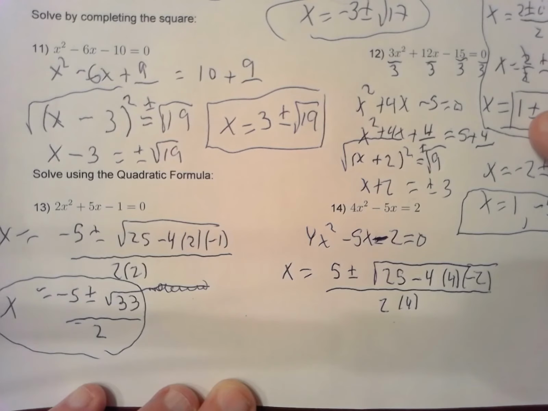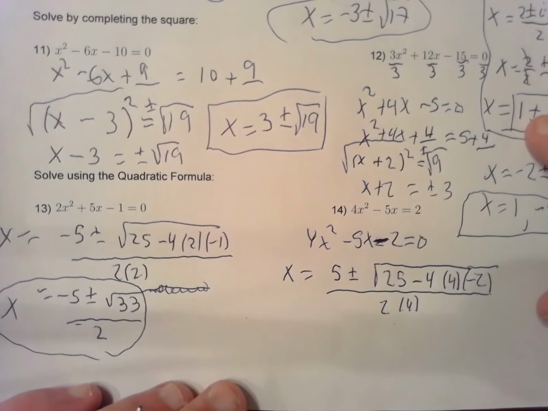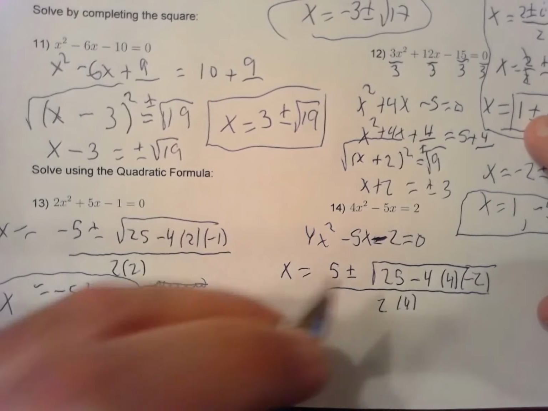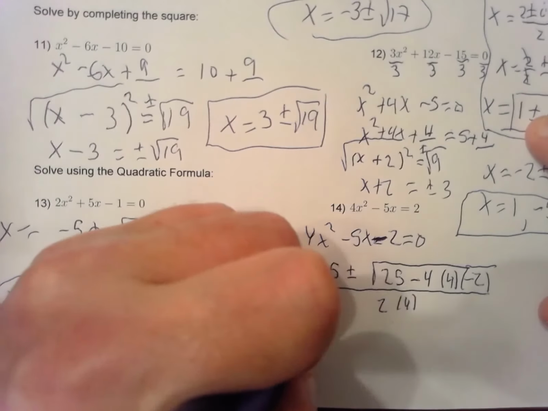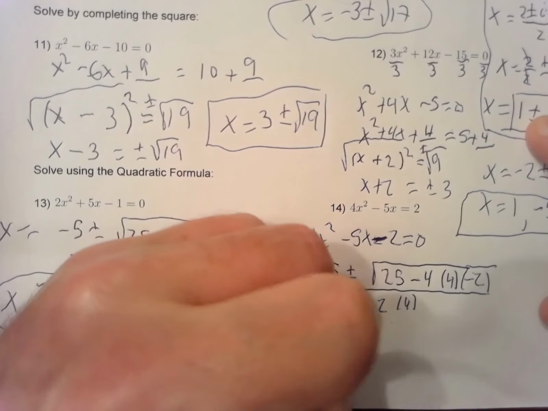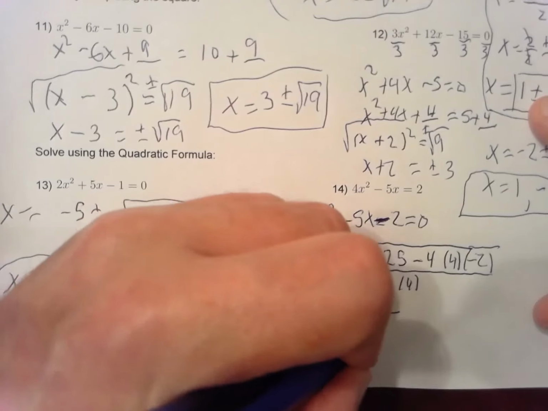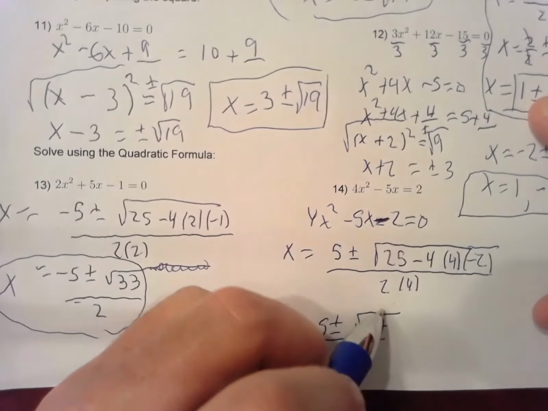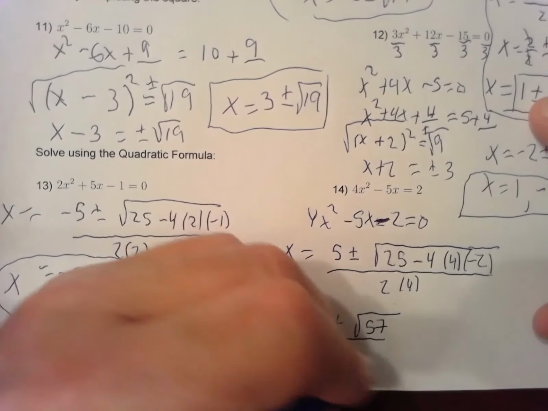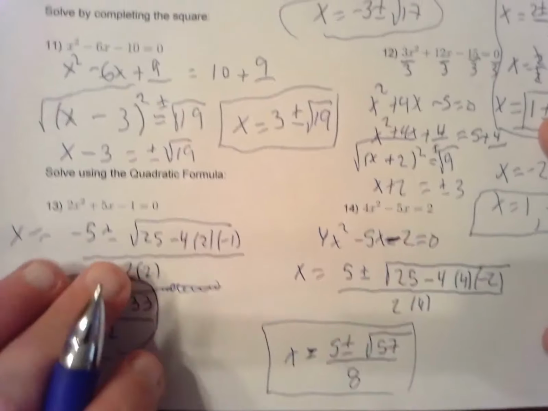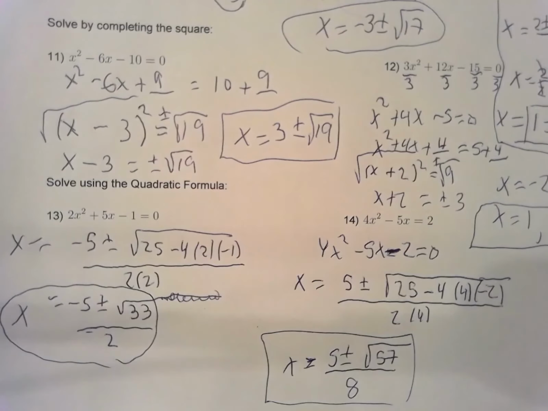Is that right? 25 plus 32? I think that's 57. So we get x equals 5 plus or minus the square root of 57 all over 2 times 4, 8. Okay, there we go. That's all of them.